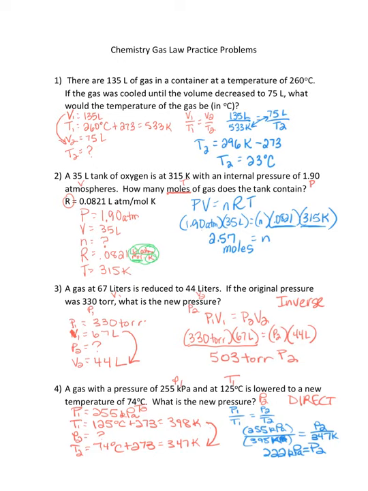Remember, volume units can be anything except when they are in the ideal gas law. They have to be liters. Temperature units always have to be in Kelvin. Pressure units can be anything, as long as they're consistent, except when you're in the ideal gas law, you have to make sure they match the R value.